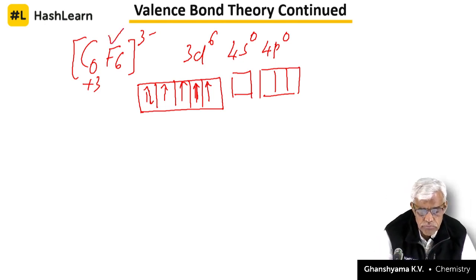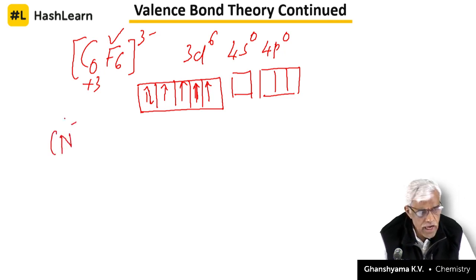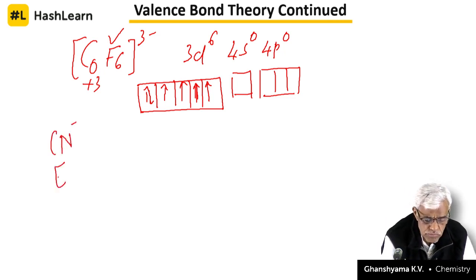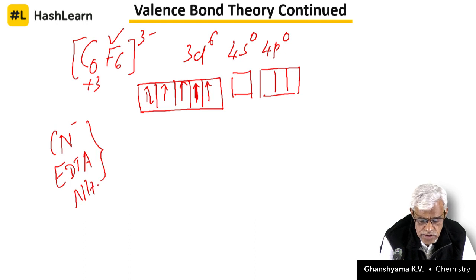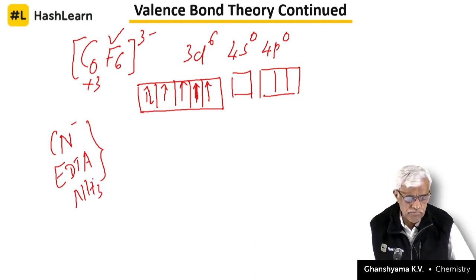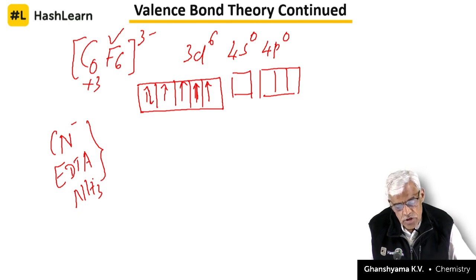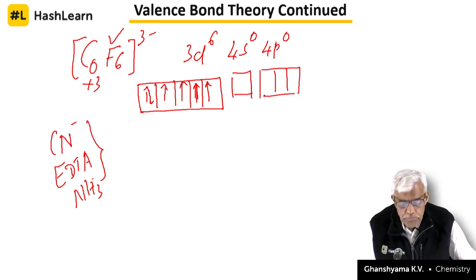Fluorido is not a strong ligand like CN-, EDTA, NH3, etc. It's a weak ligand. Therefore, it follows Hund's multiplicity rule. It hasn't got the capacity to make the unpaired electrons get paired.